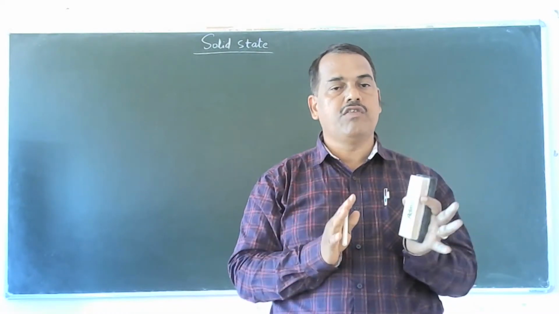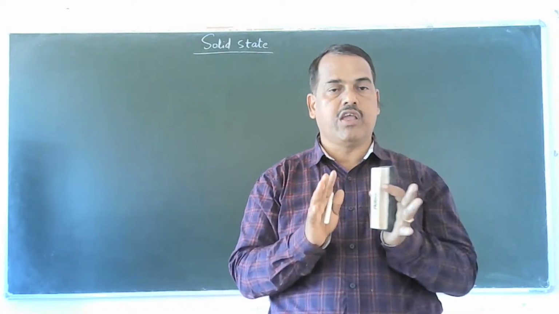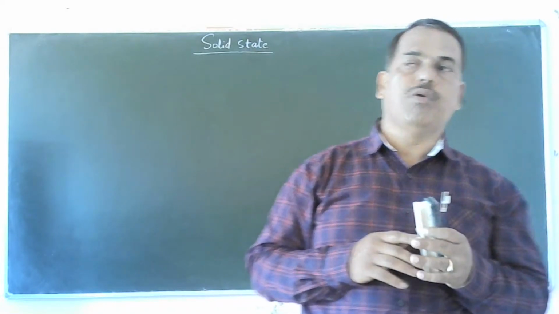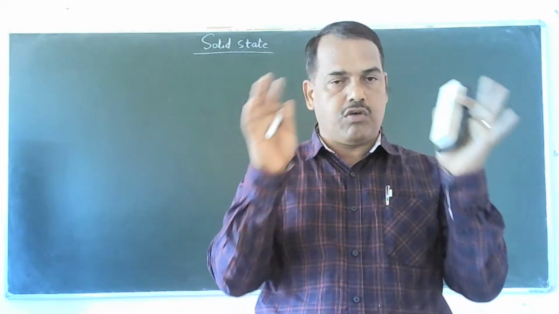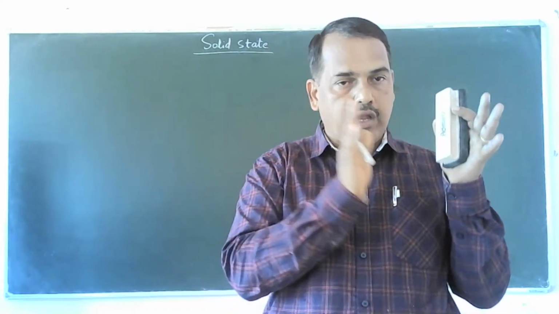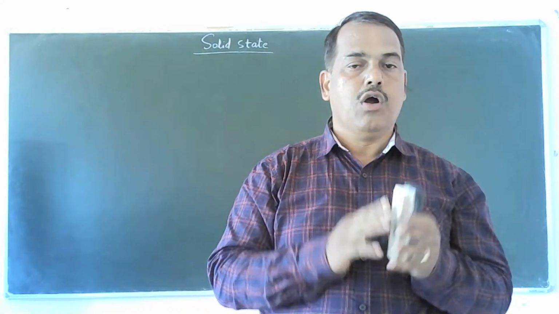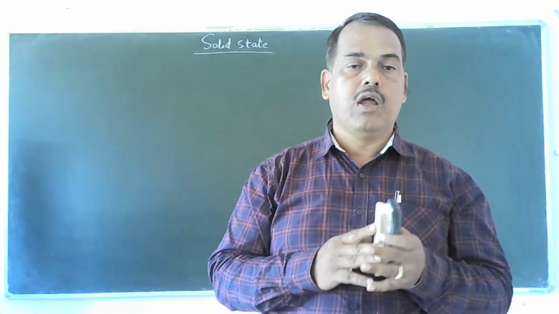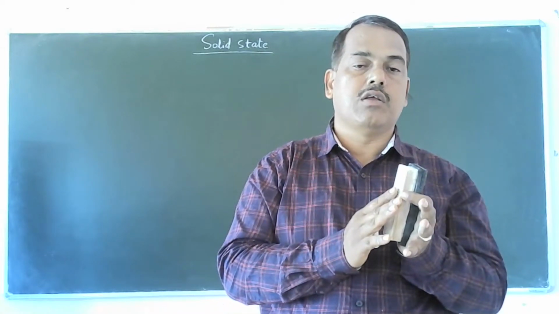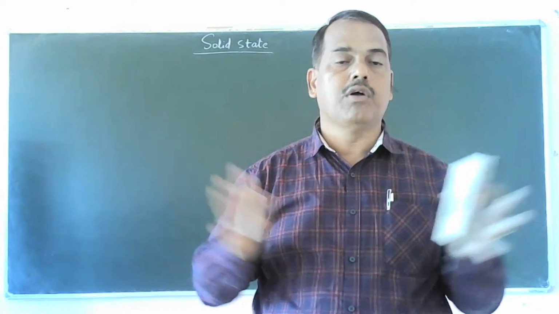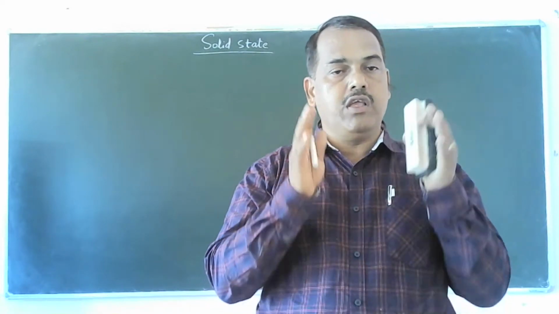And therefore, these solids have definite shape, size and volume. See, assume all the particles are spherical in shape. They are well arranged, and proper shape you can get due to the arrangement of the particles. And that arrangement is somewhat different in different types of solids.